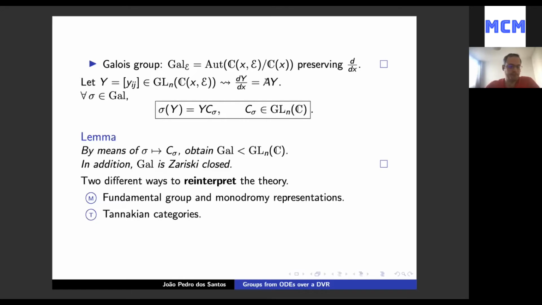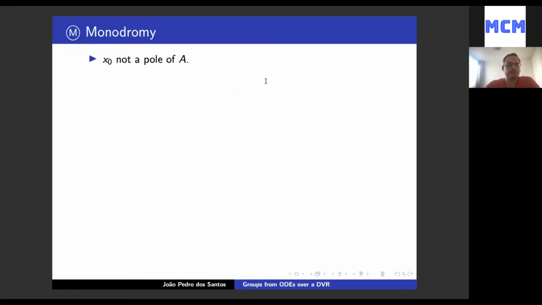So what is the first, monodromy approach? This is also very, very simple. You take an x_0, which is not a pole of A. Remember, A is a matrix with rational functions as coefficients, or formal functions.